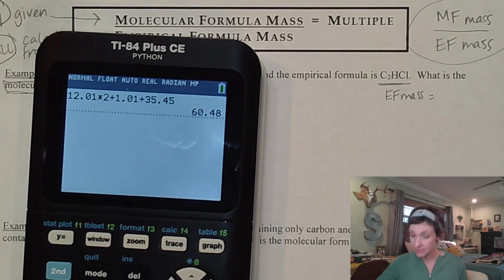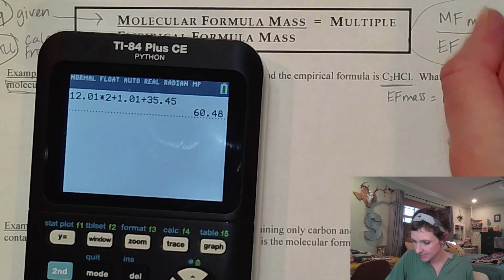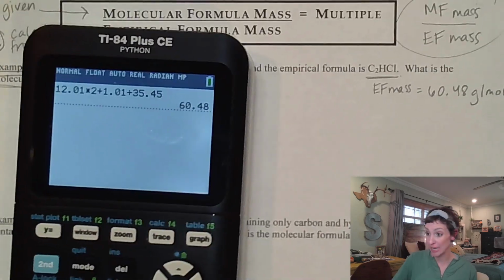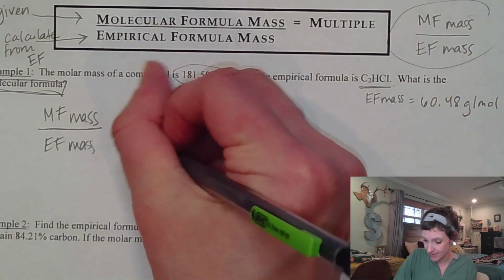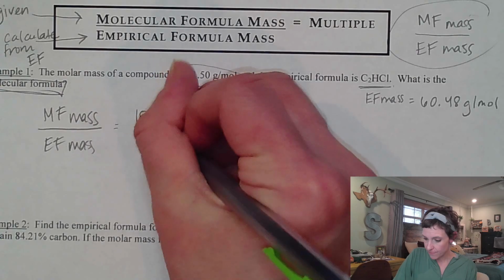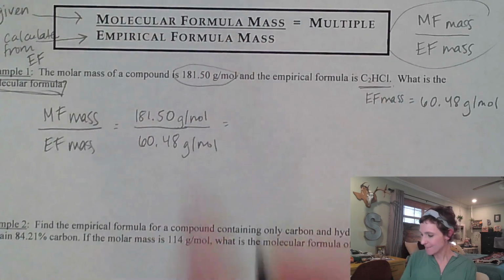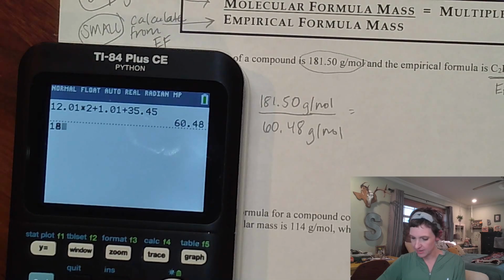Equals 60.48. So there's my empirical formula's molar mass. And remember, the units for molar mass are grams per mole. So that's the number that goes on the bottom. That's not too terrible. 60.48 grams per mole. Yes? Amazing. So we are ready. We are like, cool, I can divide. That sounds super fun for me.